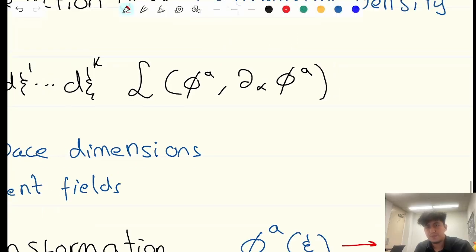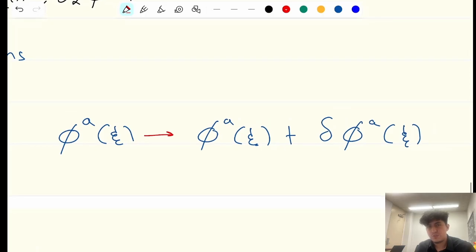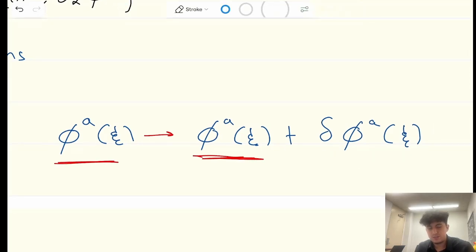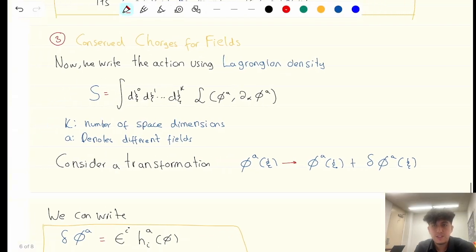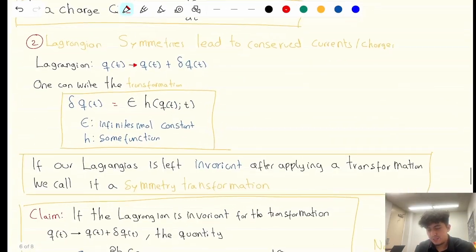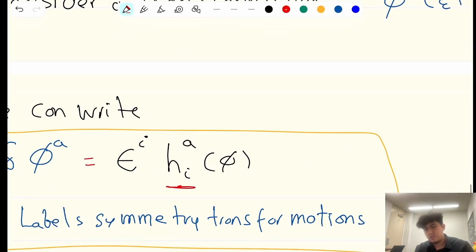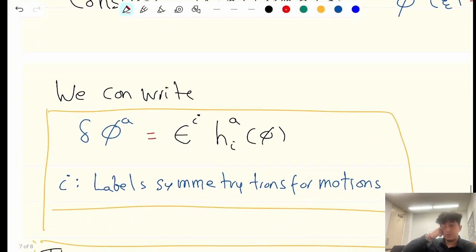Cool. So now we're going to consider a transformation. This transformation is going to take our field to our field plus some offset, some variation of the field. And now we can write, analogous to what we did above, constants times some function to be our transformation.